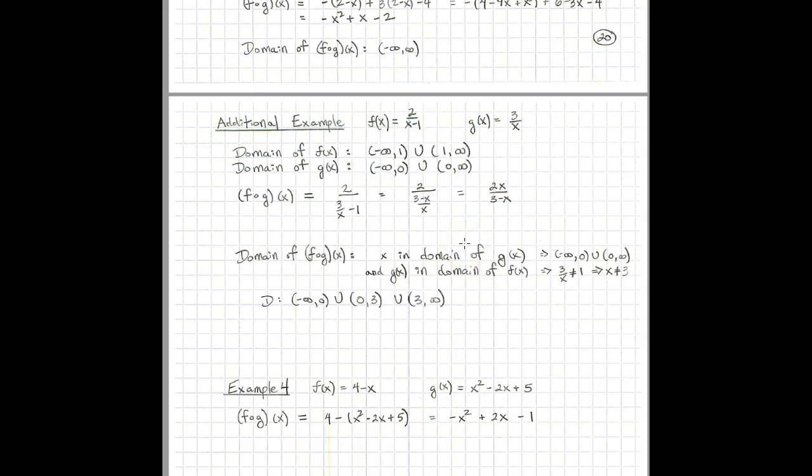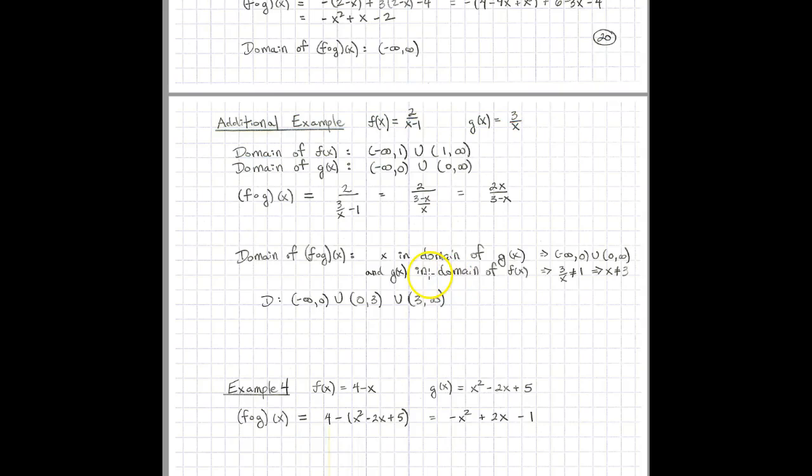So for the domain, you can only have x's that are in the domain of g to begin with. So we can't include 0. Now we have to see which x's in the domain of g allow us to have g be in the domain of f. Okay, so for x's in the domain of g, that means minus infinity to 0, 0 to infinity.